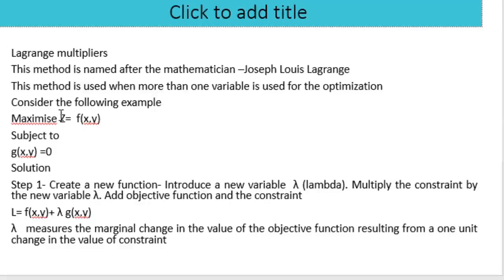For that, we have an objective function, either to minimize or maximize, and there will be a constraint. The first thing to do is multiply the constraint by lambda, then add it to the objective function. Then create the new function L, or you can put any name. Here it is termed L, equal to f(x, y) plus lambda g(x, y).